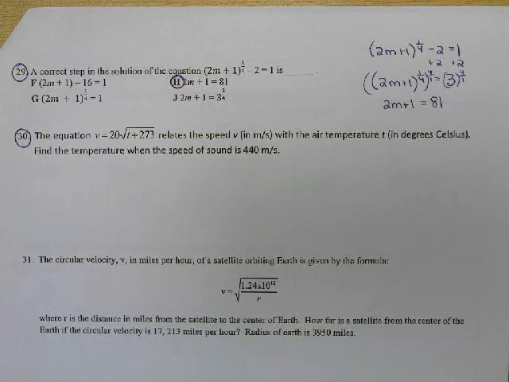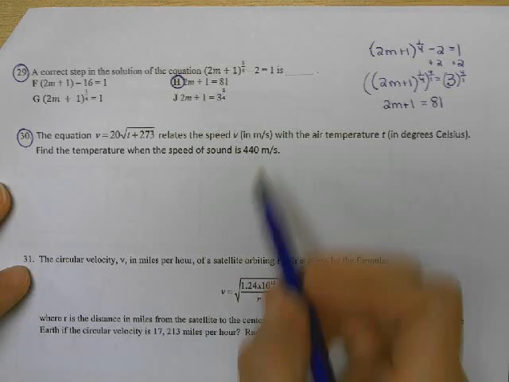Alright, on 30, you were looking at an application problem. So you were told the equation V equals 20 times the square root of T plus 273 relates the speed with air temperature. We want to know, what is the air temperature when the speed is 440?